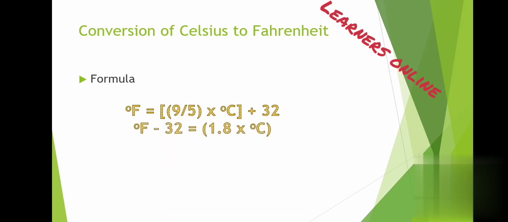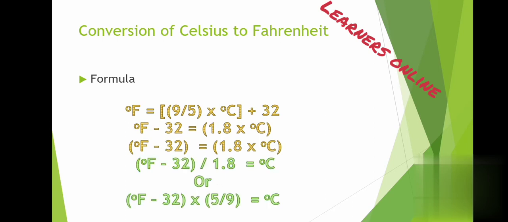We get this result. If we divide it by 1.8 on both sides, then Fahrenheit can be converted to Celsius. Now, if we substitute the Fahrenheit temperature, we can get the temperature in Celsius.